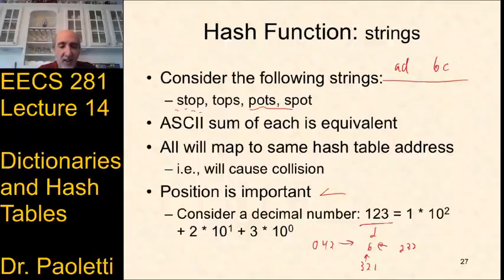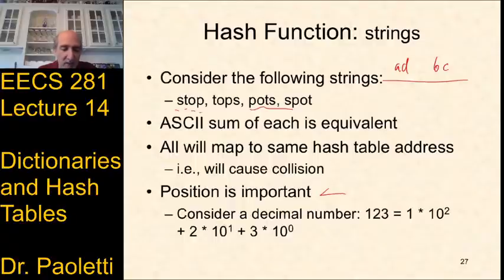All these go to index 6. But if we leave the position being important, then all of these values go to different locations.